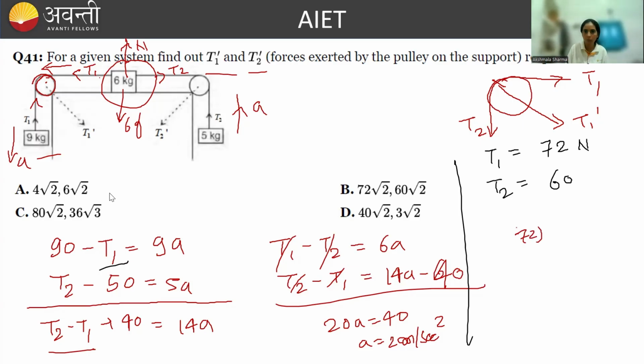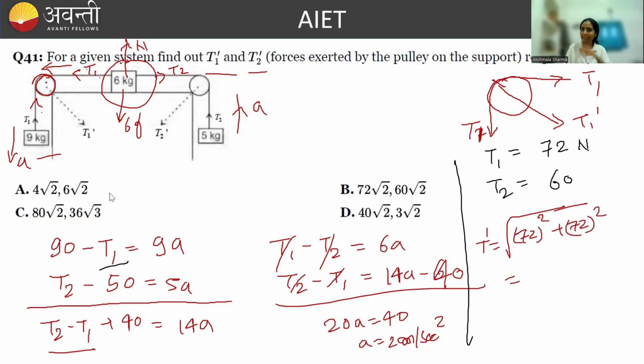So 72 squared plus, okay, so this is T1, this is also T1, right? T2 is not here, sorry. Here there is T1, here also T1. So avoiding the mistake here, T1. So T dash will be the square root of 72 squared plus 72 squared.